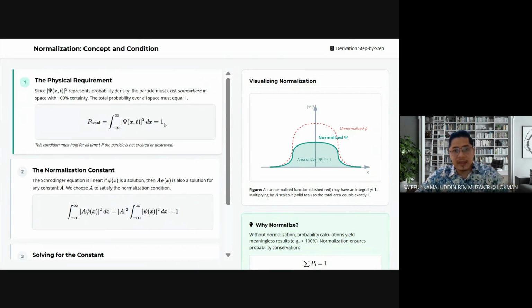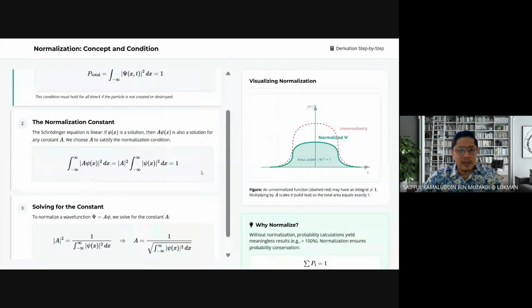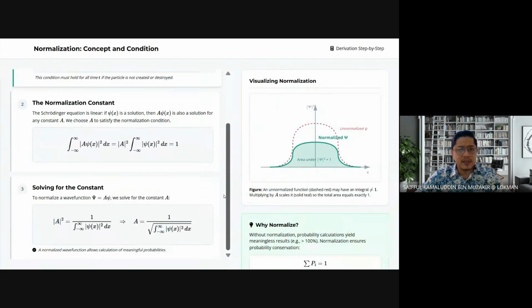You total up everything, which must equal 1. Then the normalization constant, which I don't think you need to learn. This is just to show you the equations. So A is the amplitude, and psi square must equal 1 over here. Then solving the constant, we want to find A.